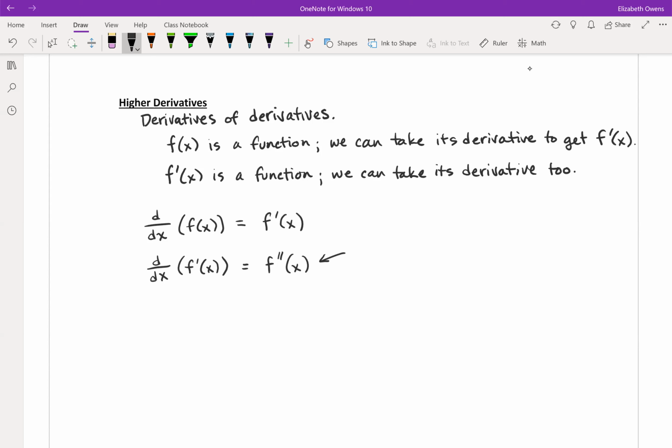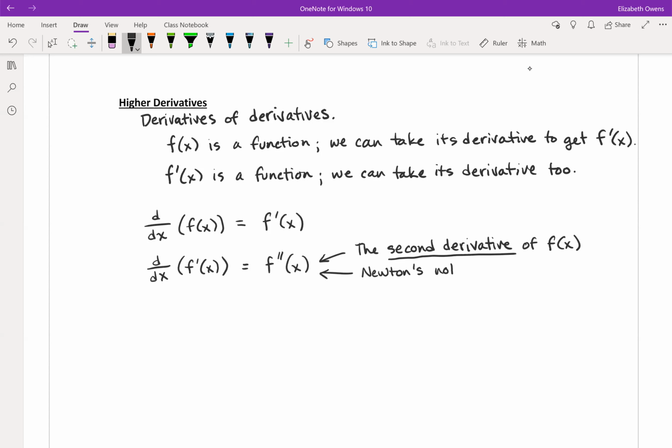And we call this the second derivative. Okay, second derivative of that original function f of x, because we have taken the derivative of that original function twice now.